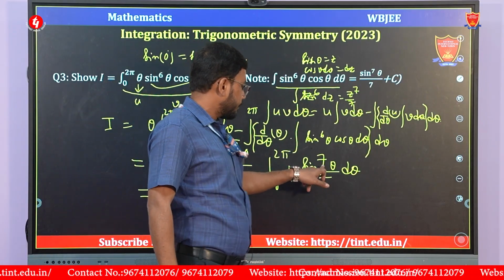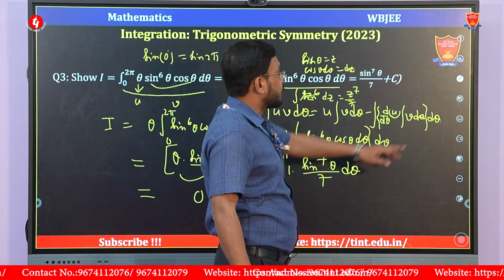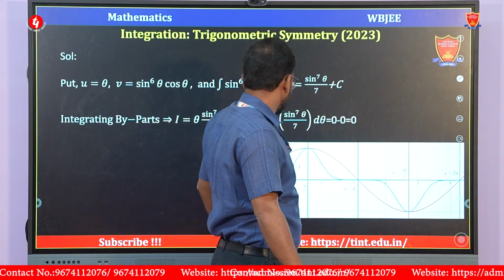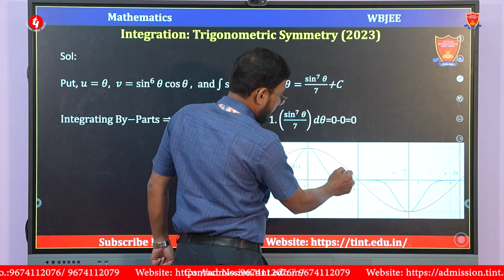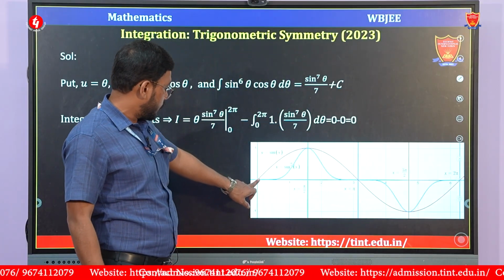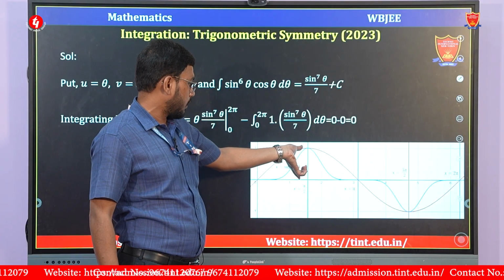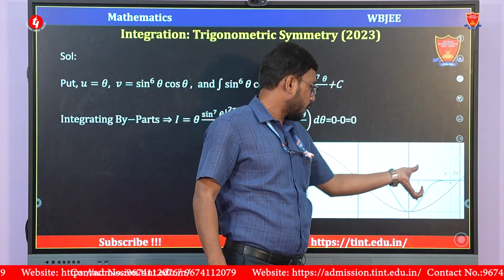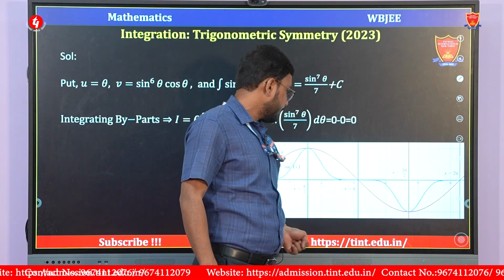Now, the integral of sin 7 theta is also 0, because if you go through the graphical representation, this is your sine curve, okay. You see 0 to pi in the sin x graph, and similarly pi to twice pi, both are equal but opposite in sign.